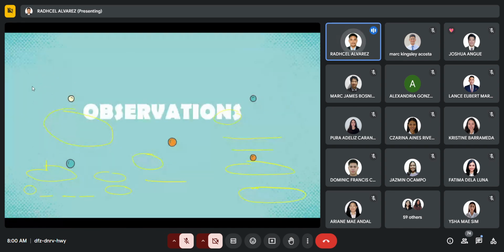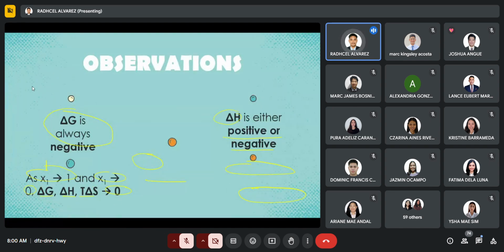Okay, so let's continue with the observation. So dito daw tayo natapos with the observations to the value of the properties of the pure species. So kapag nag-a-approach yung ating mole fraction into 1 and 0, based on the graph, the values of delta G, delta H, and T delta S also approach 0.